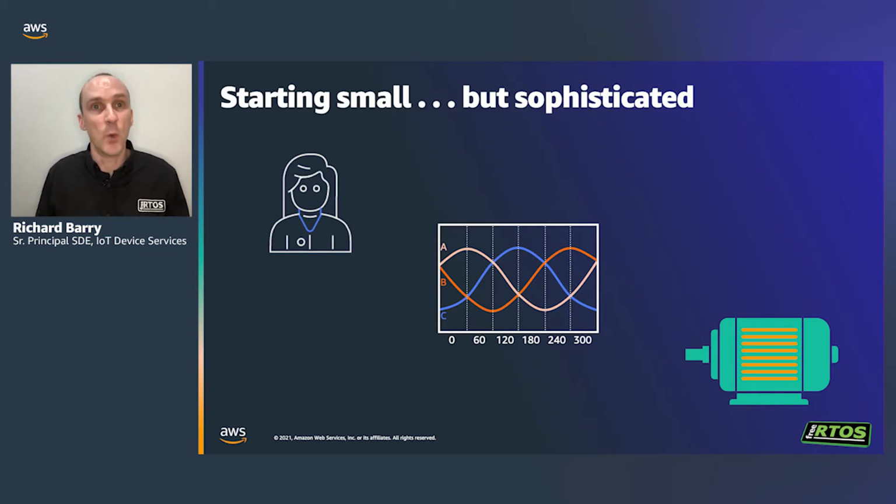Maybe we just need one software engineer. So I'm showing one software engineer here. Let's call her Margaret. She's a good software engineer. She's a good mathematician. She's doing something clever. I'm trying to demonstrate that something clever with those sine waves. Doesn't really matter what it is, but it's sophisticated. And then we end up with this motor with very, very high fidelity control.